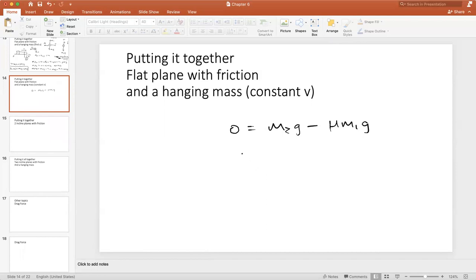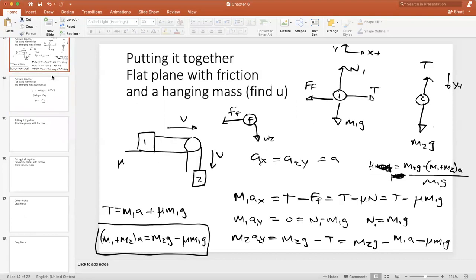And what we'd see is that mu m1g is m2g, or mu is simply m2 over m1, g to cancel. So in this case, if it was moving with constant velocity, you could find mu from this equation. You would do all this stuff the same, but you would set this equation to 0 because a is 0.